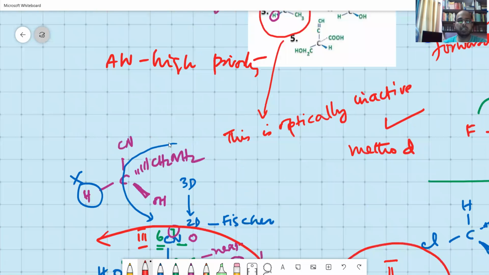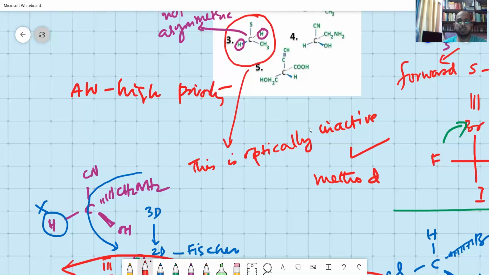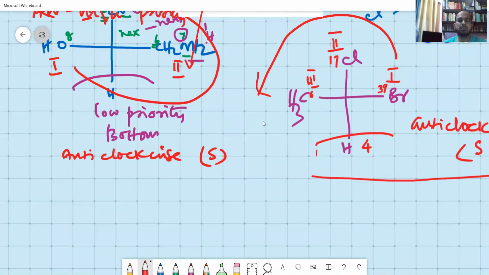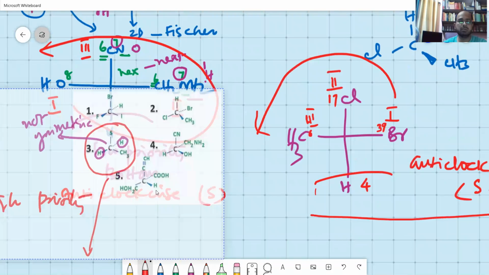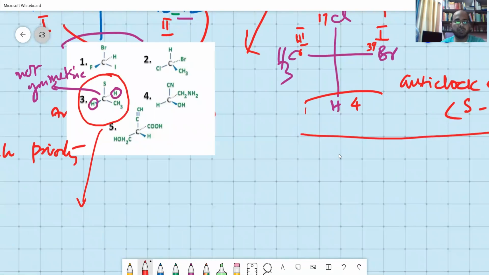Okay. What is the other example there? Here another example is, taking it down, the fifth example. So I will draw that example here.